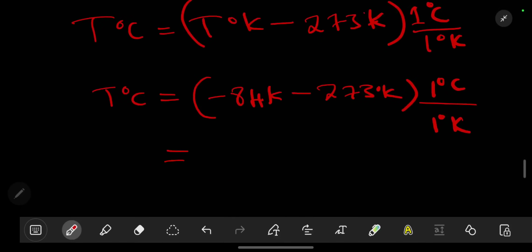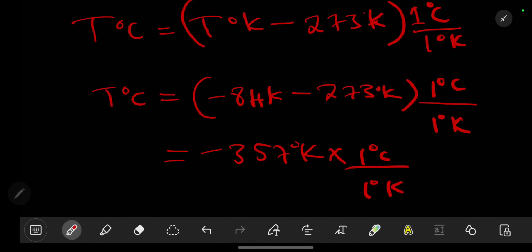When we subtract this, we get negative 84 minus 273. This is giving us negative 357 kelvins times 1 degree Celsius over 1 kelvin, depending on how strict your lecturer is.